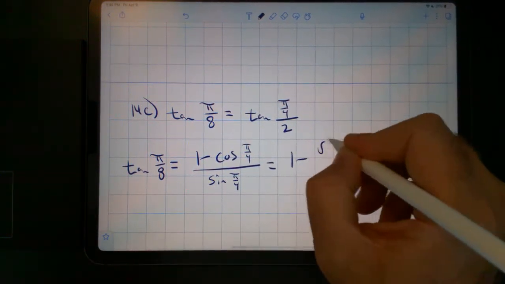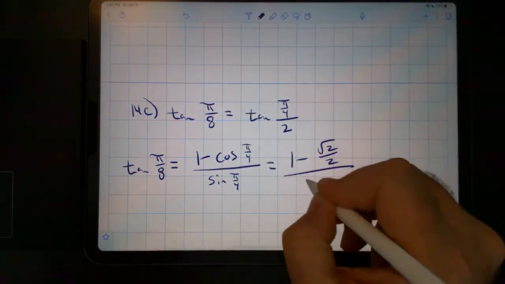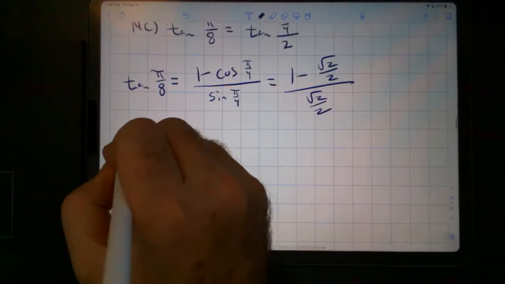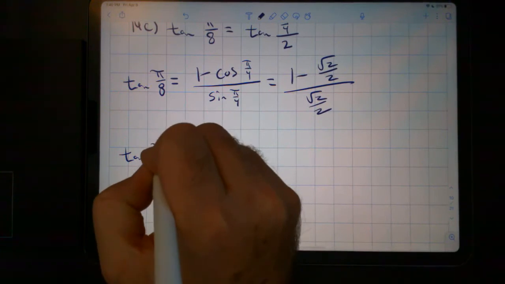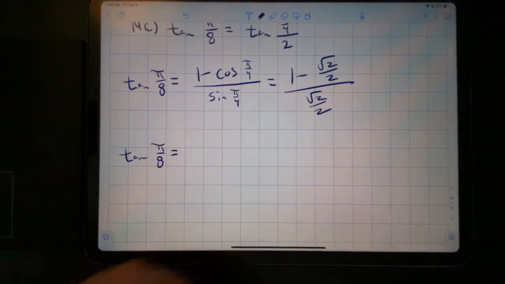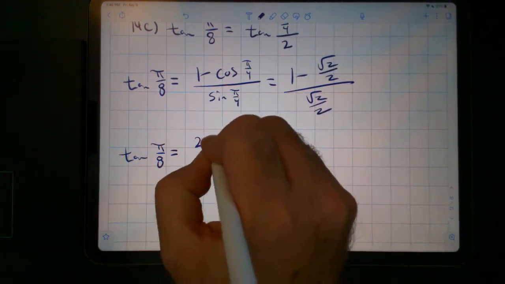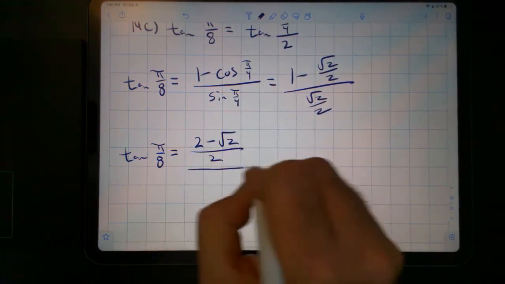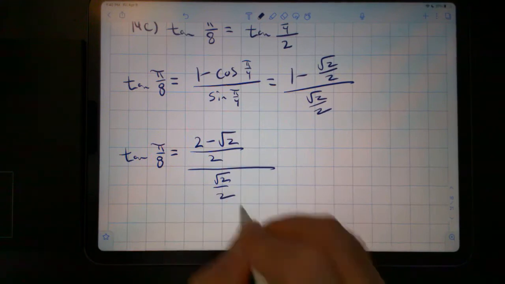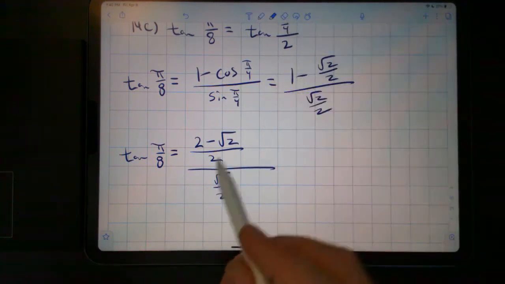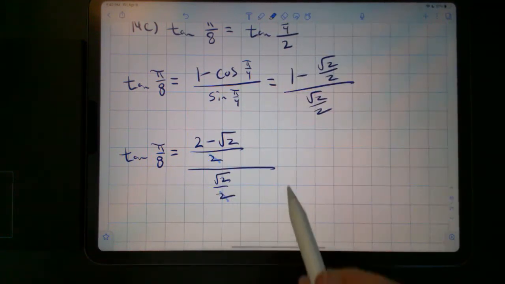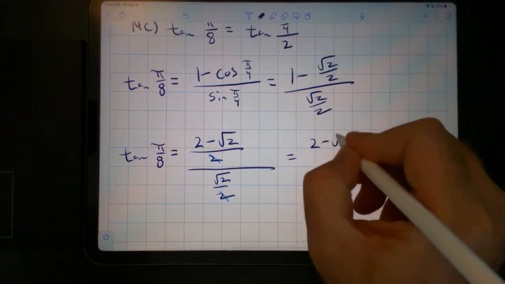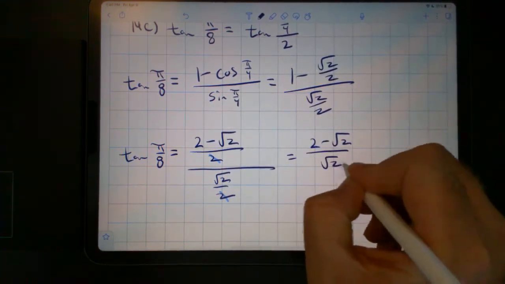This is 1 minus radical 2 over 2 divided by radical 2 over 2. So that tangent of pi over 8 is equal to, we have 2 minus radical 2 over 2 all over radical 2 over 2. So these simplify out. So we have 2 minus radical 2 divided by radical 2.